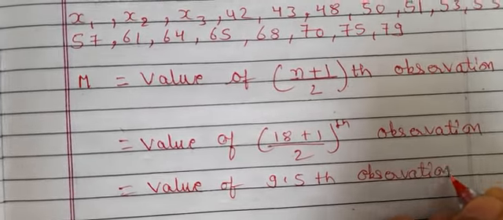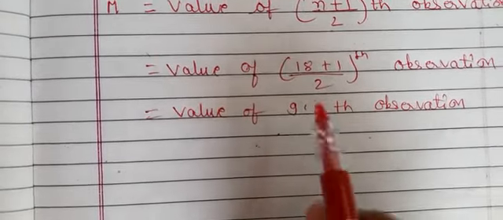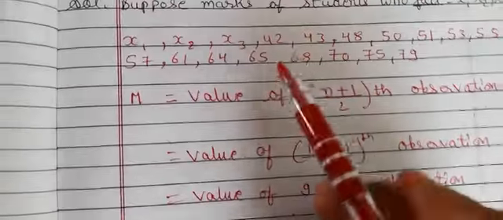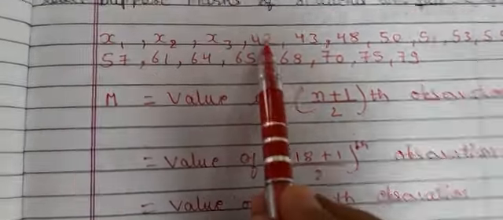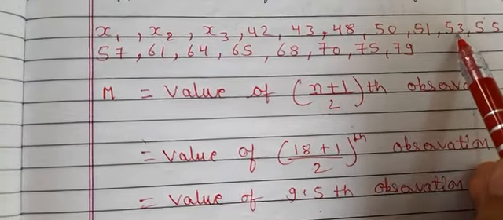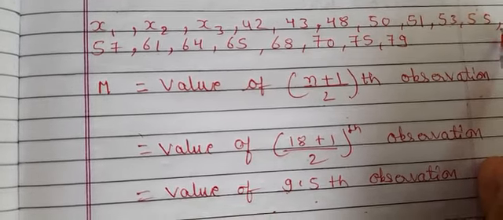Now 9.5th observation, whenever this comes in point, what we are doing, we are finding the average of 9th observation and value of next observation, that is 10th observation. So here we will see 1, 2, 3, 4, 5, 6, 7, 8, 9. So value of 9th observation is 53 and value of 10th observation is 55.